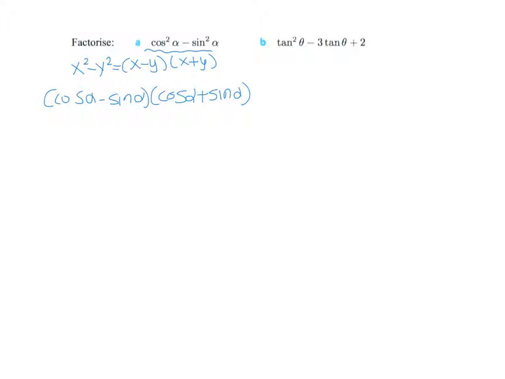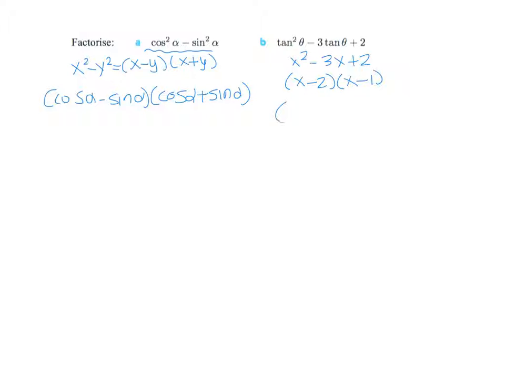Last, we have tangent squared theta minus 3 tangent of theta plus 2. You can again think of it as x squared minus 3x plus 2. How do they factor? They factor out as x minus 2 and x minus 1. We're letting the tangent be x.